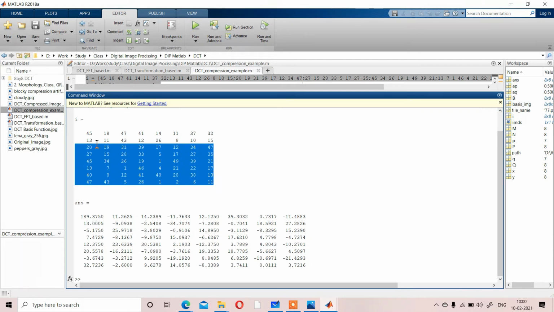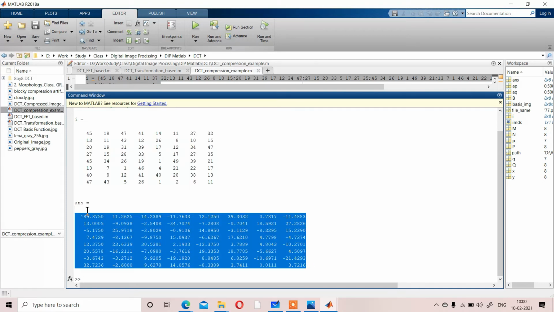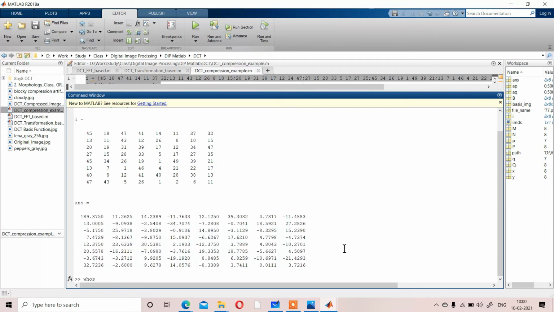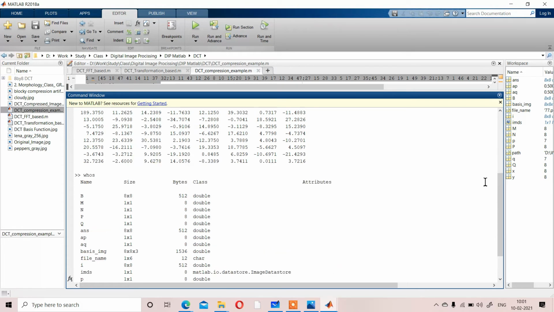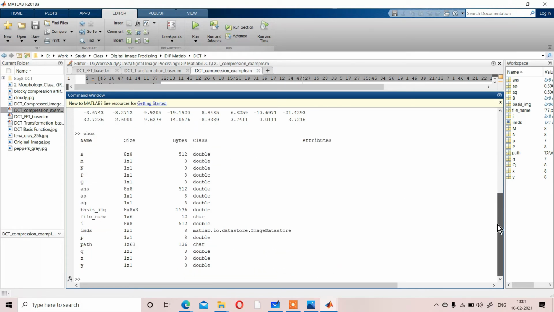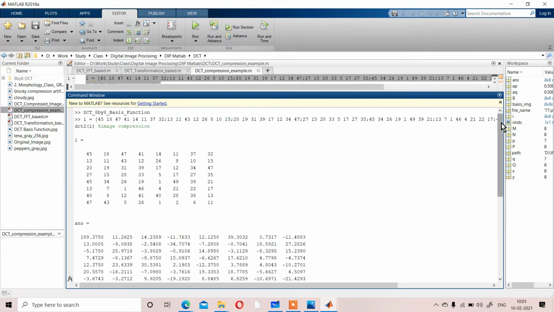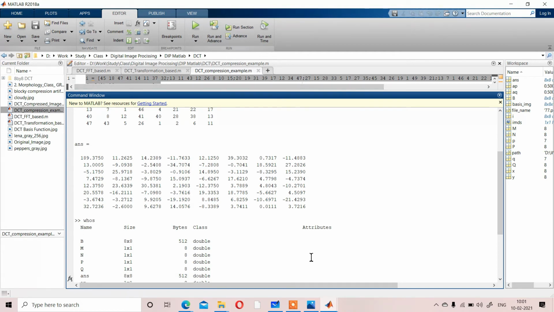The bit size of the DCT, the discrete cosine transformed image of I, will be less than the bit size of the image I. Anyway, is that clear, whatever I am trying to say?